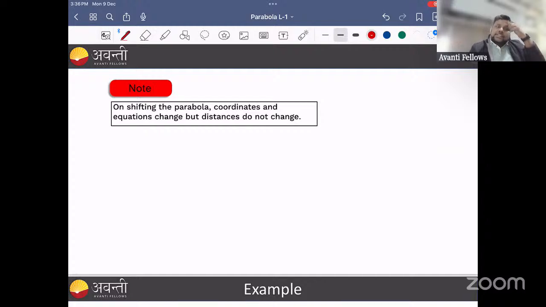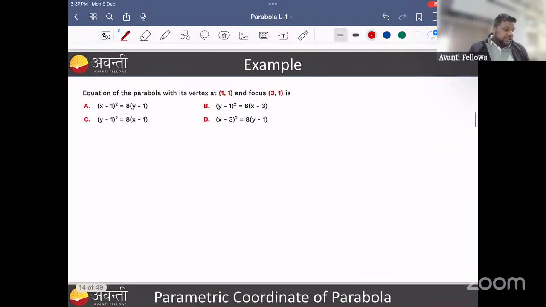And since the distances do not change, any property regarding the distance should also not change, like the distance between the focus and vertex is going to be a, if you shift this parabola from place A to place B to place C. So every property related to distance will not change.